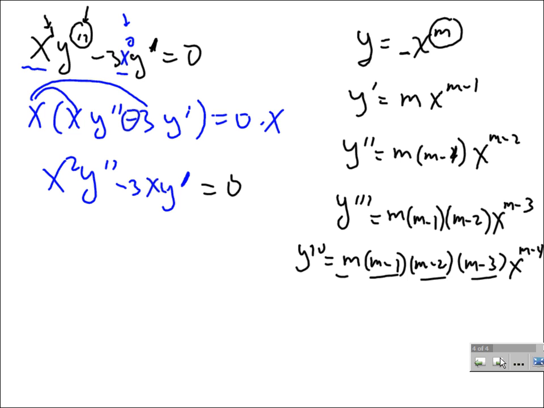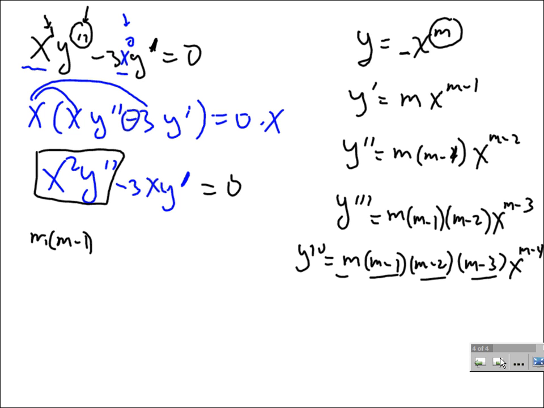Now, if it is Cauchy, what you can do is ignore the x's. But if there was a number, write it. You'll see that in the next term. Ignore the x's and the y prime, y double prime. Since it's double prime, though, you're going to write down the first two numbers.